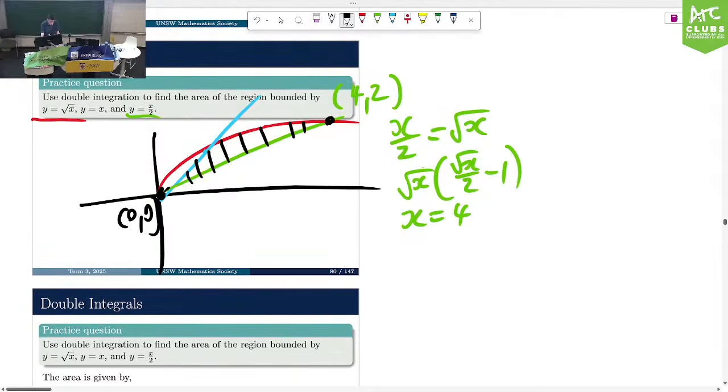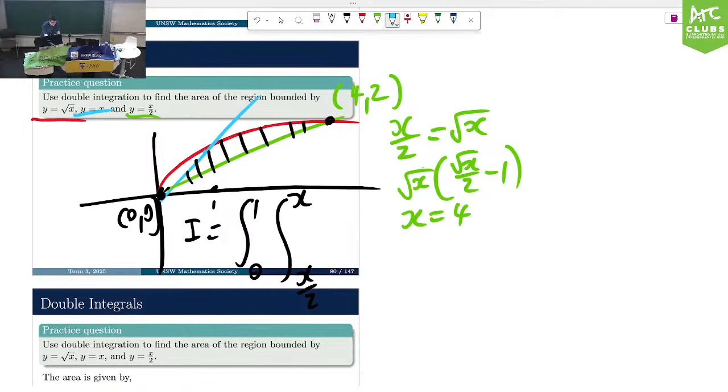So this integral would be, from 0 to 1, the integral from x over 2 up until this blue one, x, so we said blue one was x.